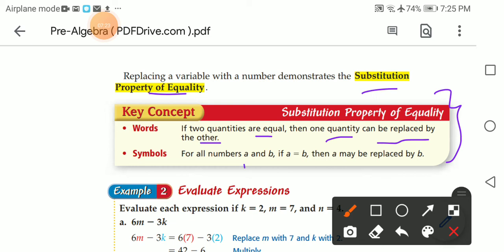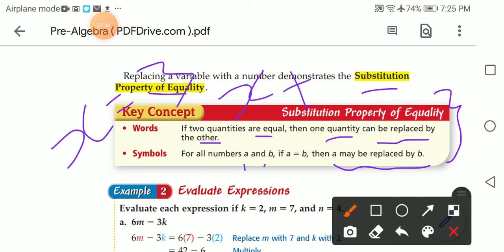For all numbers, if A equals B, then A may be replaced by B. When I say A equals B, I can replace A by B. As we said here, x equals 3 and I have x plus, for example, 5, so instead of x, I can say 3 plus 5, right?